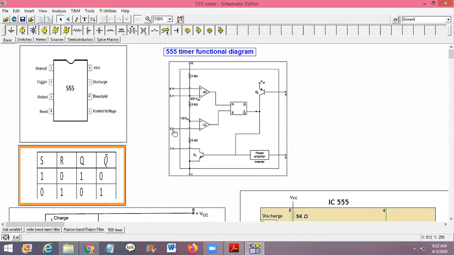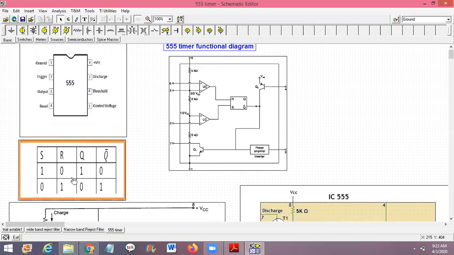Pin number 2 is used to give the trigger input. I will tell you what the trigger input is. When the input is less than 1/3 VCC, the output of the lower comparator is 1, which is given to S. If the input is greater than 1/3 VCC, the output of the lower comparator is 0, which will be given to S. For the truth table of the SR latch, you can refer to the SR flip-flop.